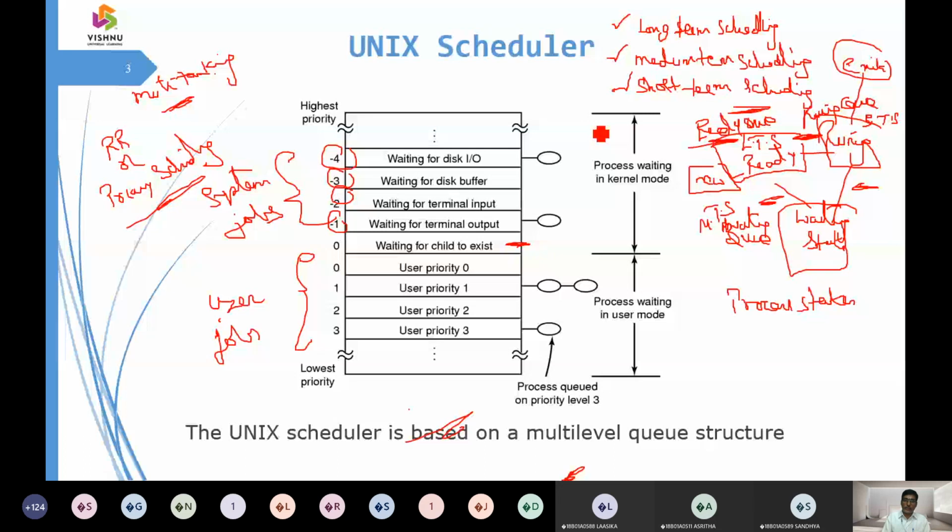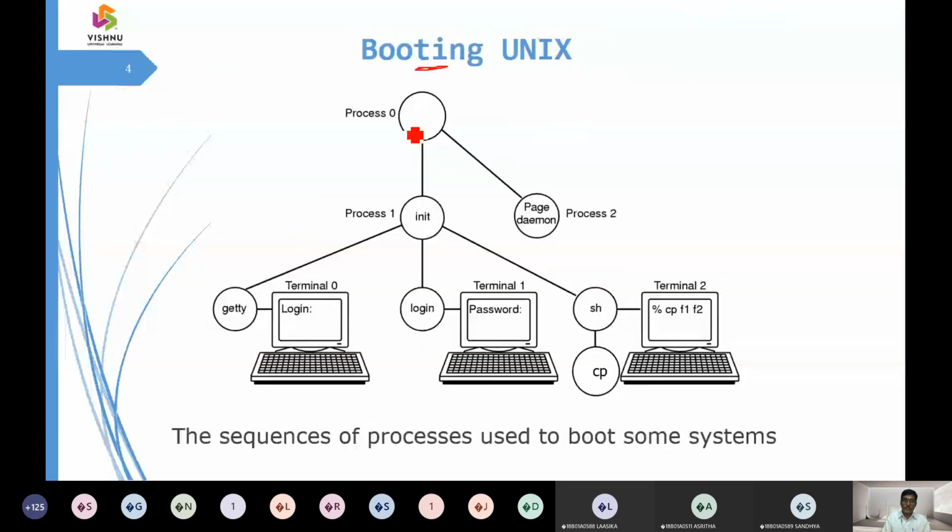Next one, we are going to call it booting here. So now you can see this process 0, then it is linked to process 1, and the daemon, where we are going to have the server, that is, the complete functionality is going to happen in the daemon here, the page daemon.